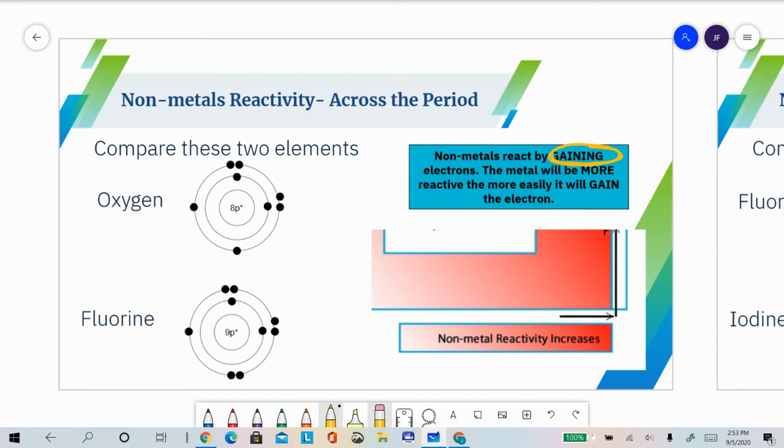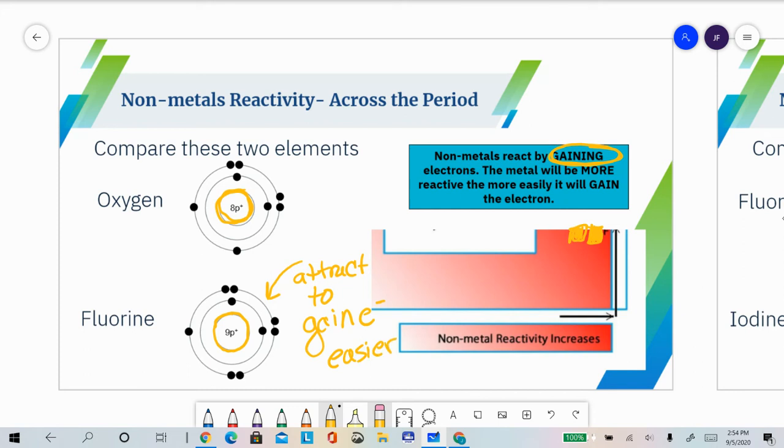So if we compare oxygen and fluorine, oxygen is approximately here on the periodic table, and fluorine is right next to it. We have to look at the protons and how strong that attraction is. So fluorine has more protons, so it's going to attract to gain electrons easier than oxygen does.